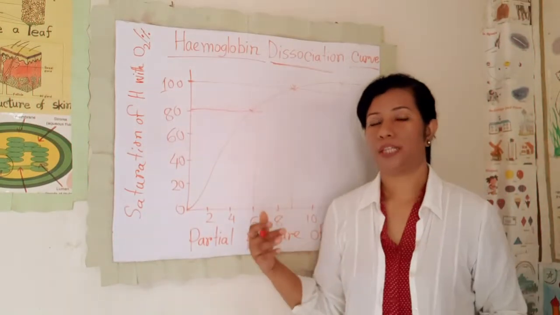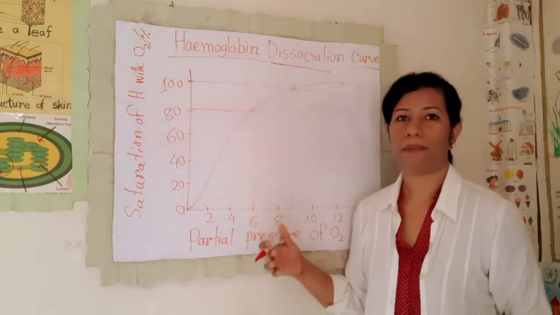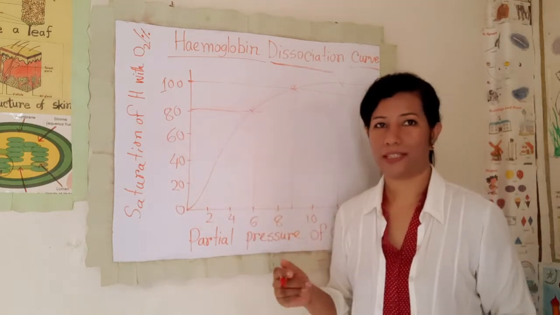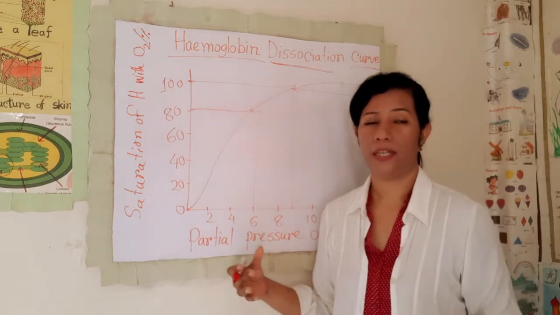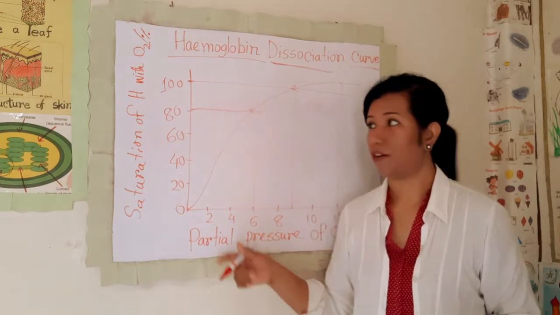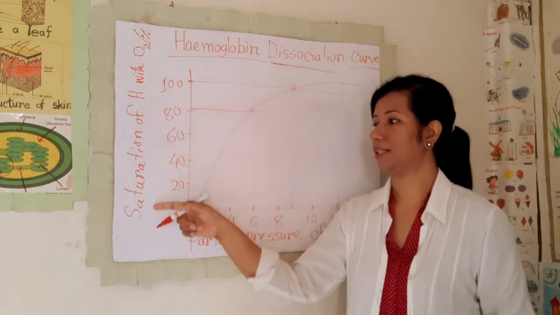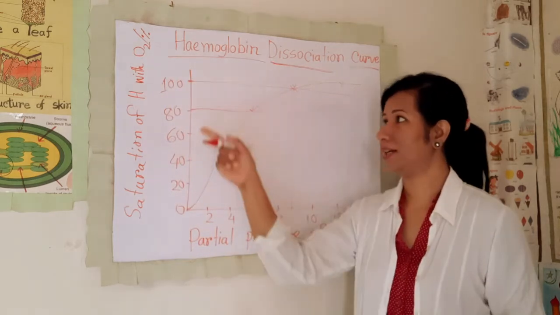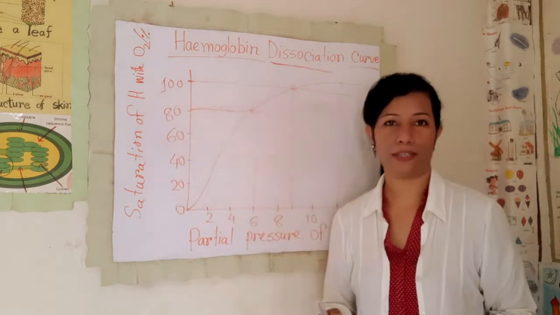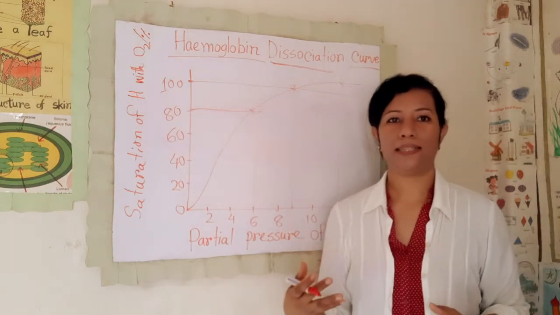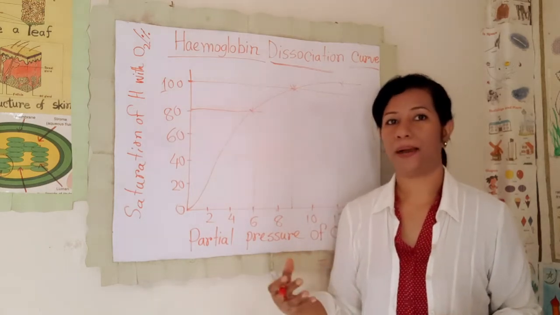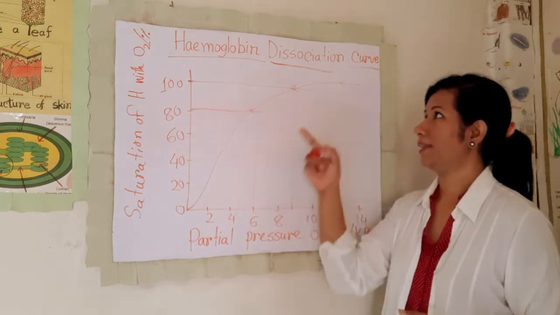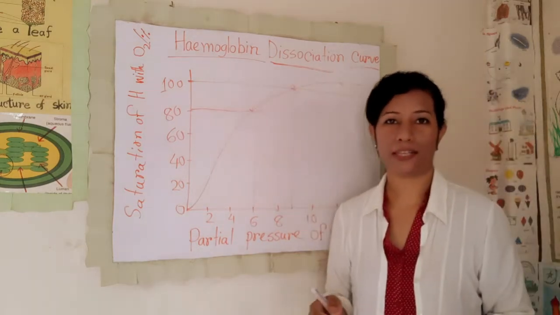Hemoglobin which has combined with the maximum amount of oxygen is said to be saturated, expressed as a percentage. Here you can see the saturation of hemoglobin with oxygen as a percentage, 100%, 80%. Plotted against the partial pressure of oxygen, this obtains the curve known as the hemoglobin dissociation curve.